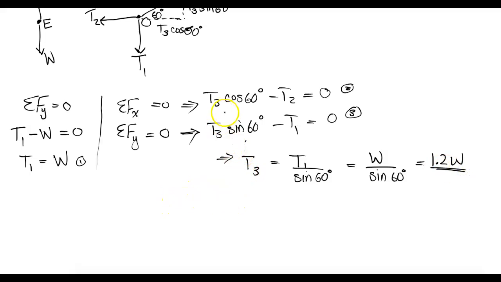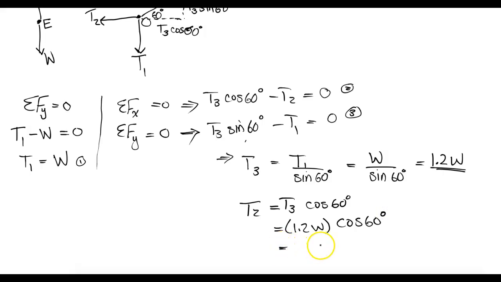And if we look at equation 2, we can say that T2 equals T3 cosine of 60 degrees, but T3 is the same as 1.2 times the weight times cosine of 60 degrees, which gives us 0.58 times the weight.